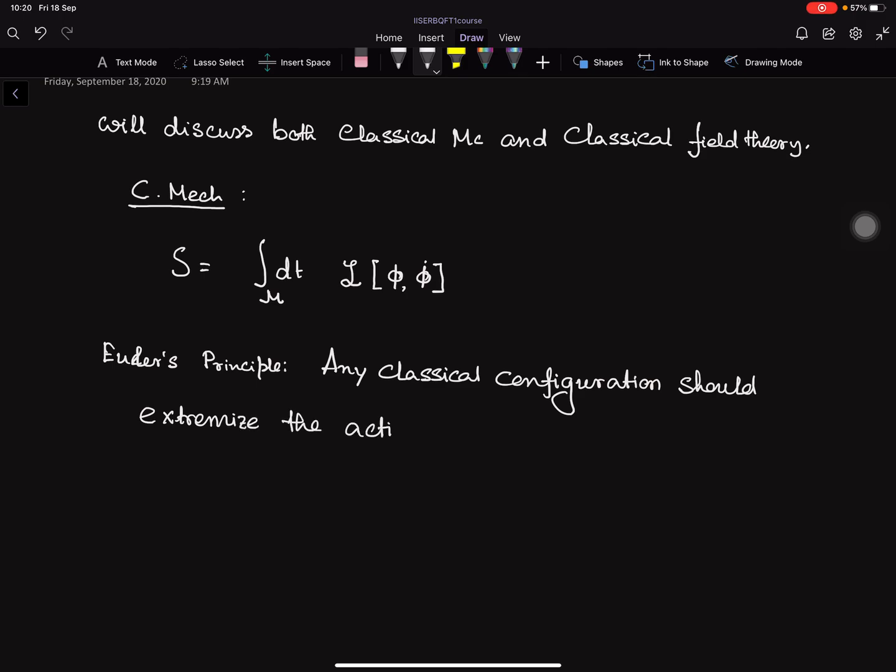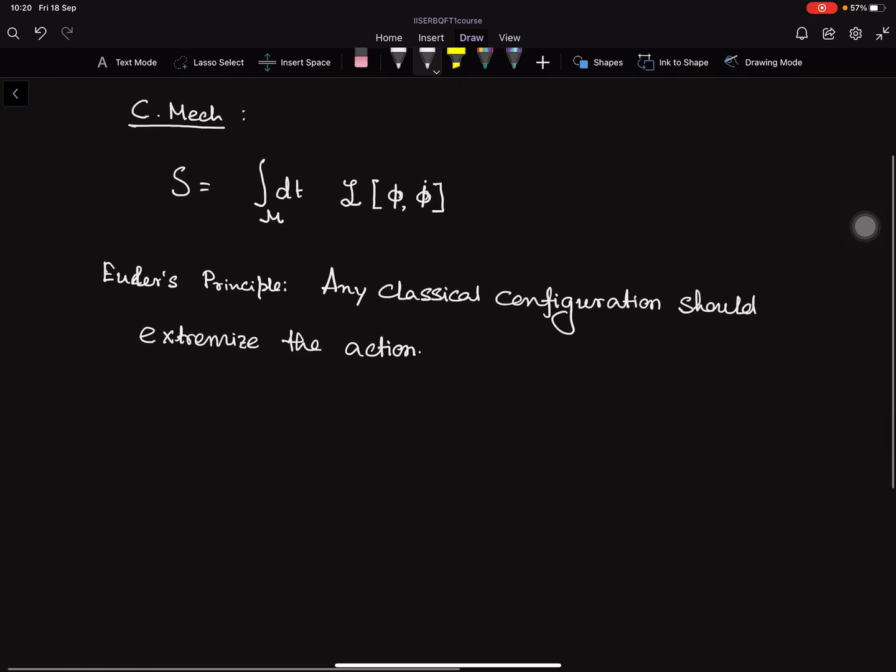This is often known as the calculus of variation. The way we do it is that let's say phi c is the classical configuration, and we just take a small change of that.